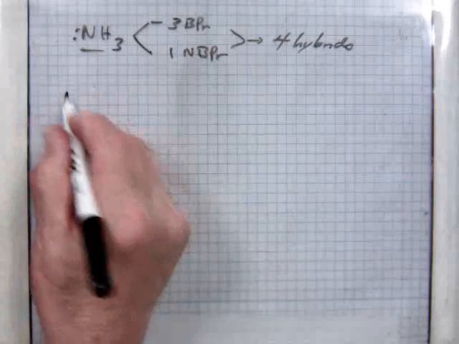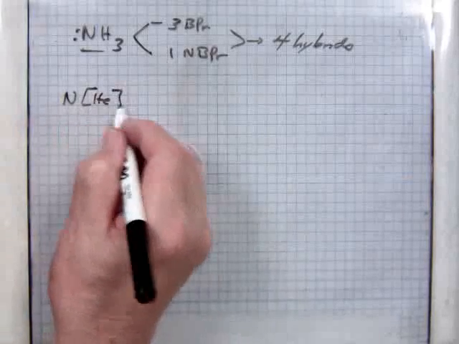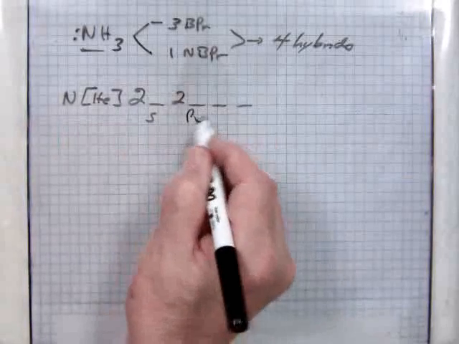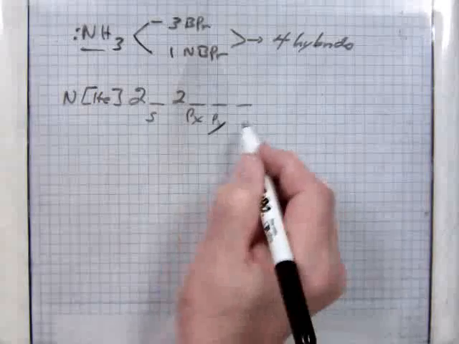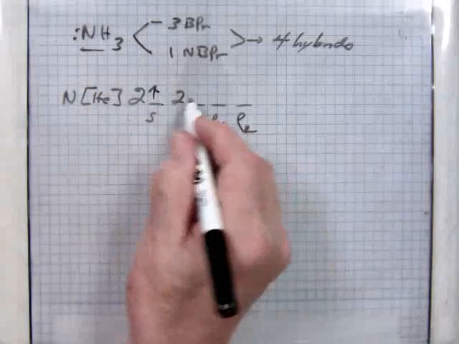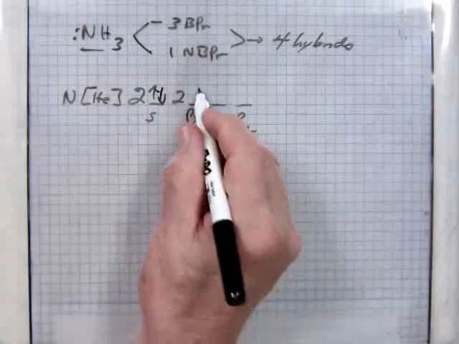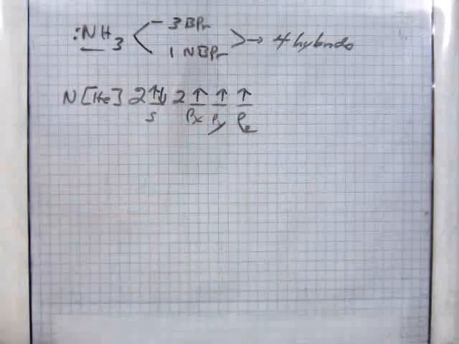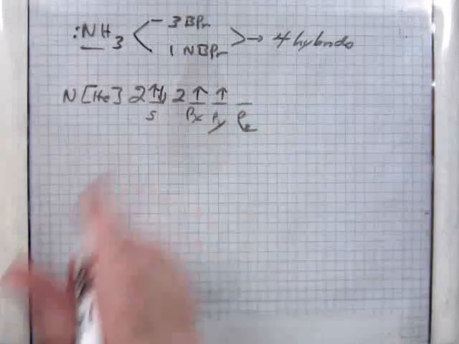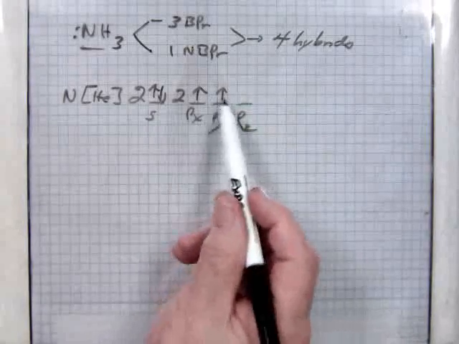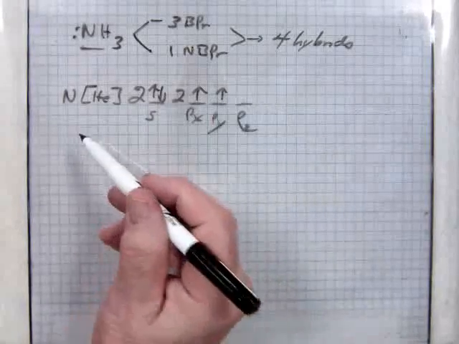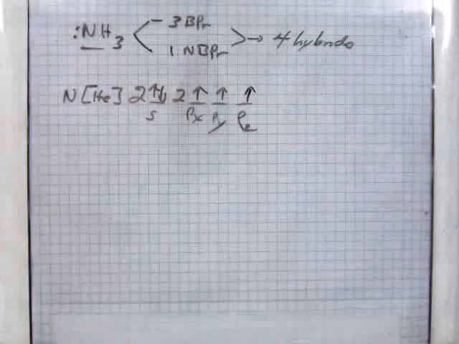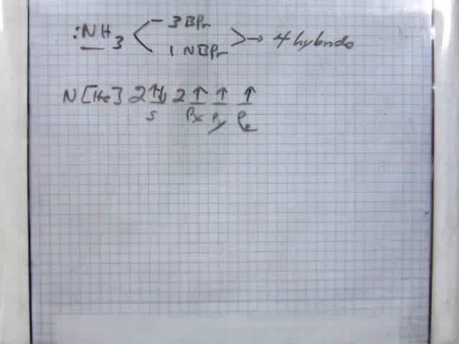So nitrogen has a helium core, 2s, 2px, 2py, 2pz. It has that configuration.